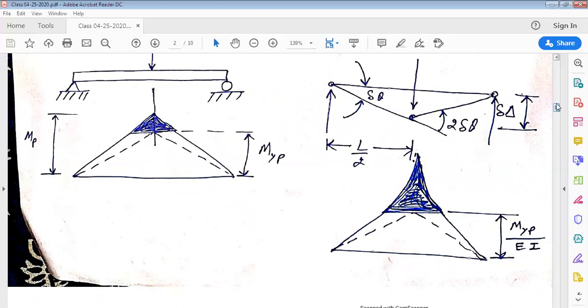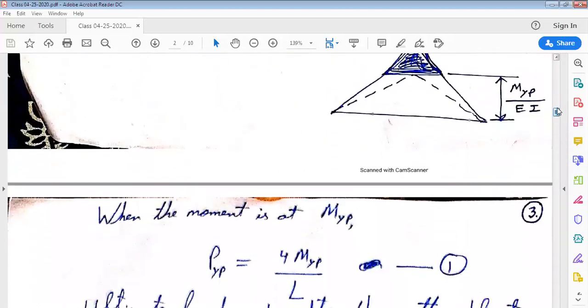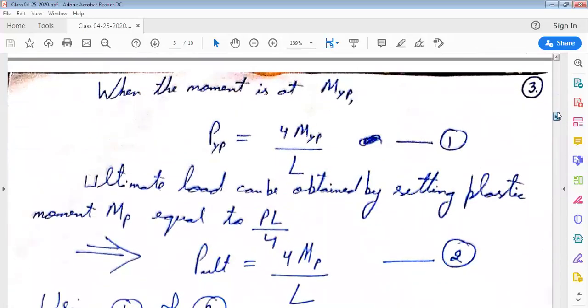And we can see that during plastic deformation, the curvature at the plastic hinge which we have introduced has become very large. Now, when the moment is MYP at the middle of the beam, then we can equate that moment to PL by 4.